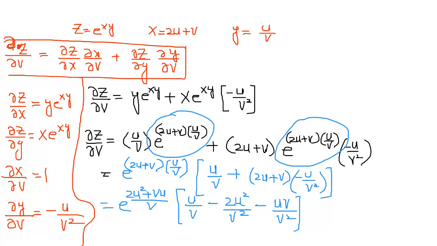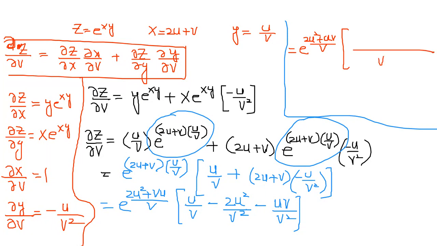If you want to simplify more, it is equal to e power (2u square plus uv) divided by v, whole divided by v square, times uv minus 2u square minus uv.